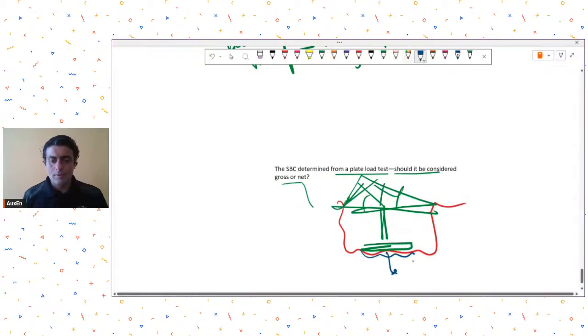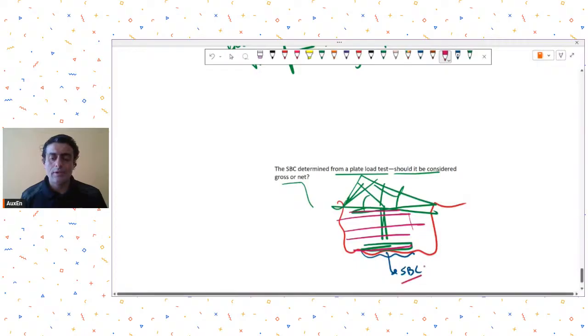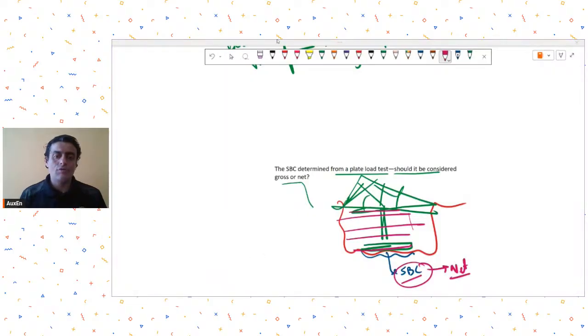The SBC that you get over here can further take the overburden pressure, because you were checking in an empty pit. So this should be considered as net, because it can further take the overburden pressure. Once you add the overburden pressure, it will be called gross. Until then, you call it net.